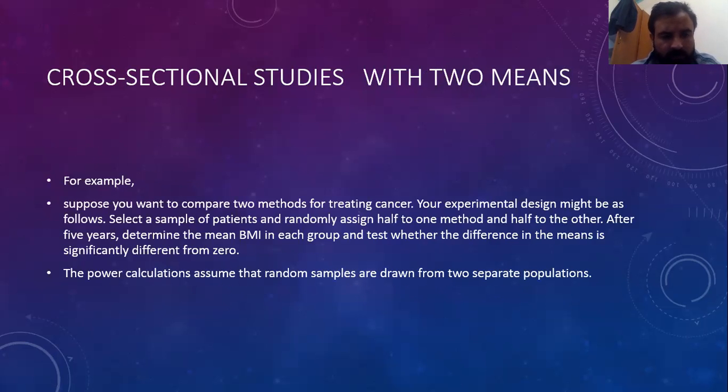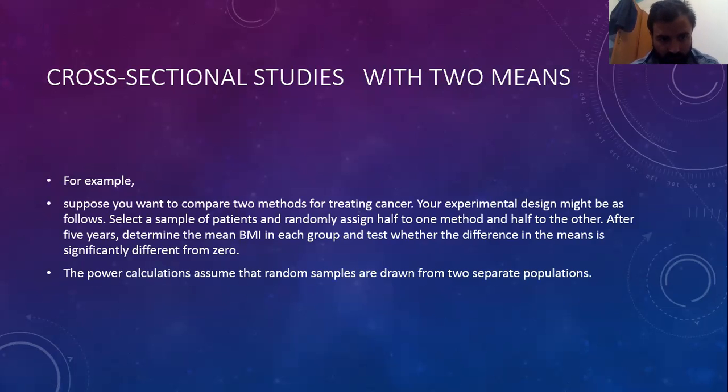And we discuss an example. Suppose you want to compare two methods for treating cancer. Your experimental design might be as follows. Select a sample of patients and randomly assign half to one method and half to the other method. The groups in which different methods are applied are the two populations.